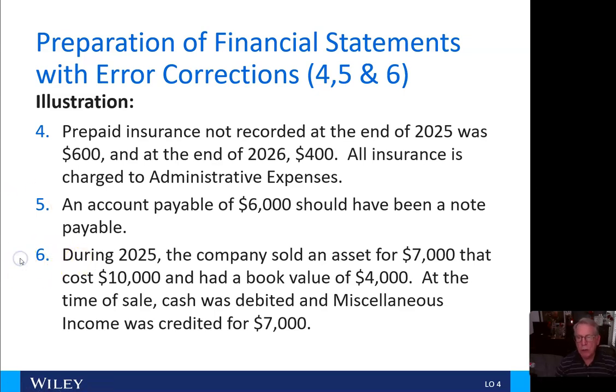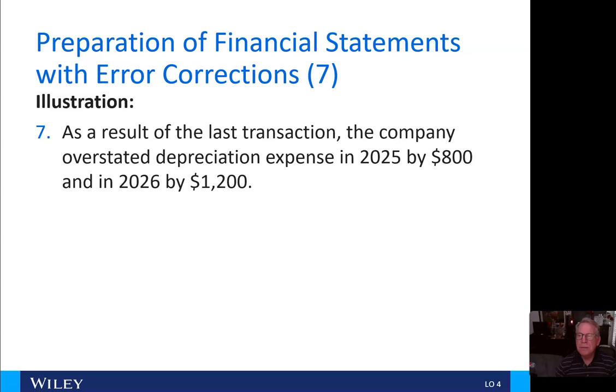Number 6, during 2025, the company sold an asset for $7,000 that cost $10,000 but had a book value of $4,000. At the time of sale, cash was debited and miscellaneous income was credited for $7,000. And lastly, number 7, as a result of the last transaction, the company overstated depreciation expense in 2025 by $800 and in 2026 by $1,200.